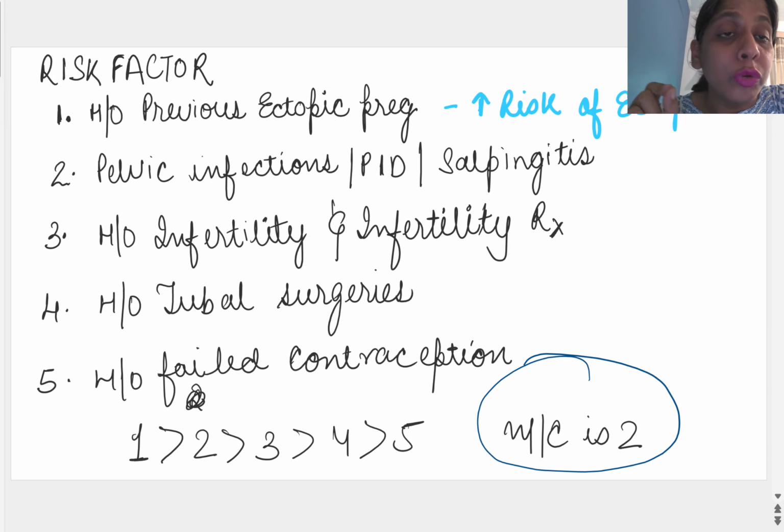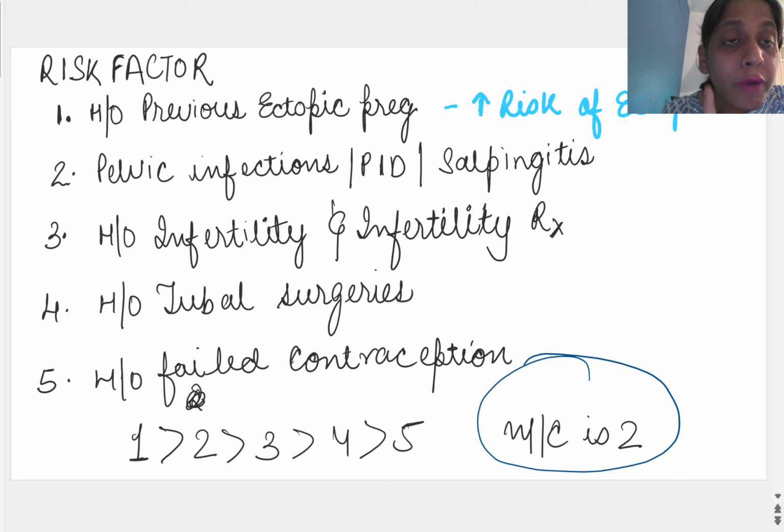You have to see what risk factors are there. Number one is a history of previous ectopic, which has high chances. Number two is pelvic infection. PID leads to salpingitis, and it stops the zygote from going and implanting there. It hinders that movement, and then ectopic occurs.